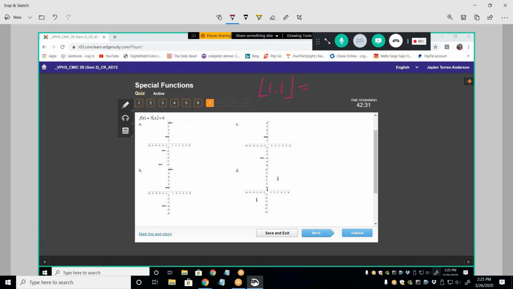And now what is 5 times 1 plus 6? 5 times 1 is what? Okay. So whenever we are looking at 1.1 on the x scale, we better find 11 on the y scale.